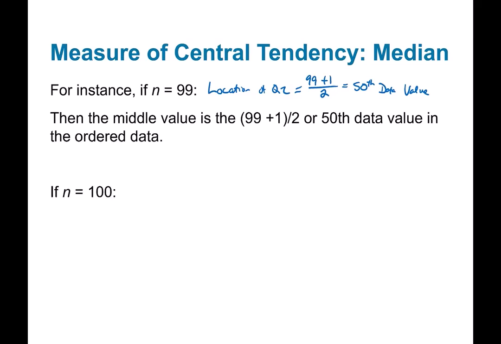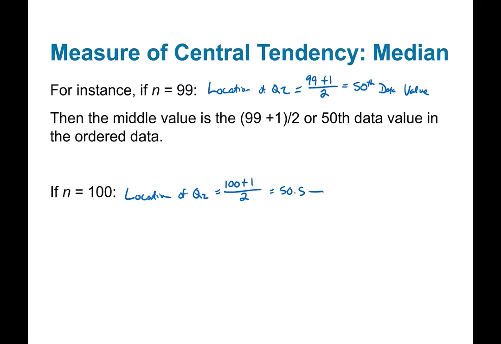What if n is 100? Then the location of the median, so the location of Q2, would be 100 plus 1 divided by 2, which gives us 50.5. Now you're sitting here thinking, okay, there is no 50.5 data value.